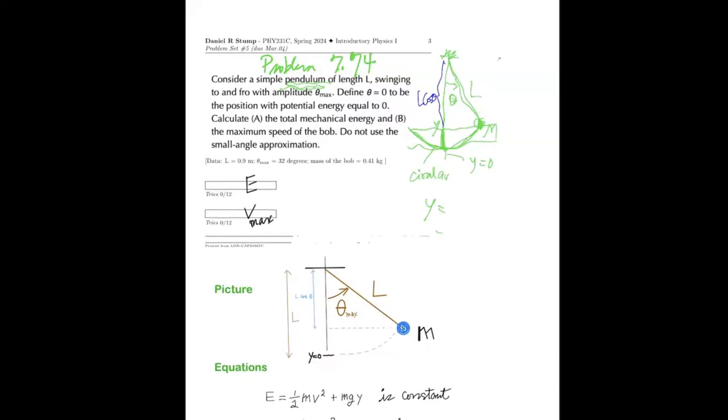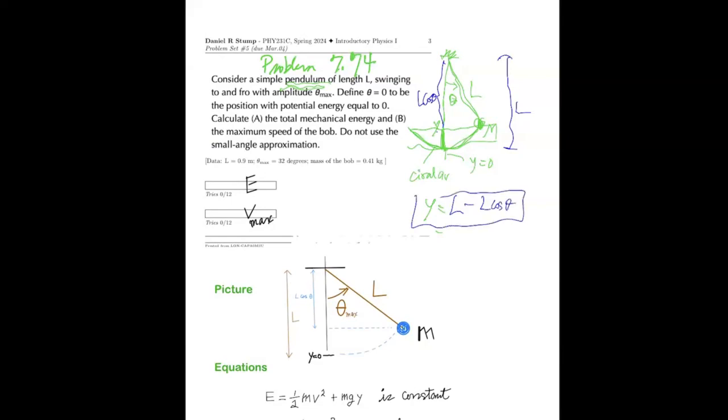And this distance from here to here, that's L, because when the mass is at the bottom here, the length of the string is still L. So you see, L cosine theta plus y is equal to L, or that is to say, y is L minus L cosine theta.